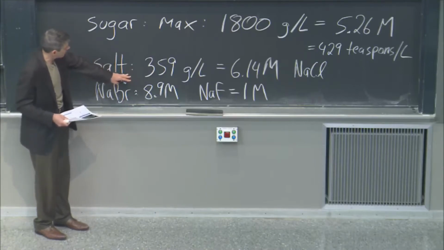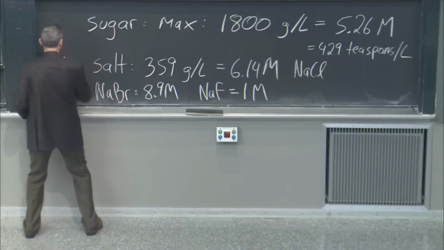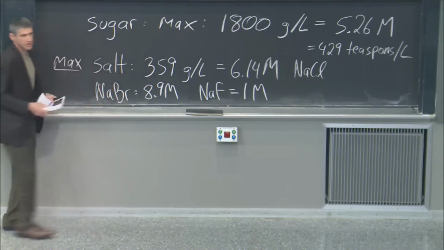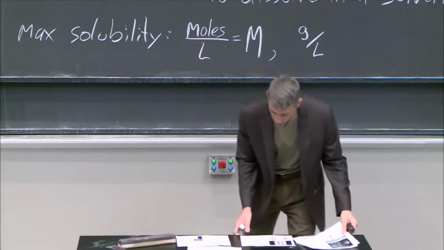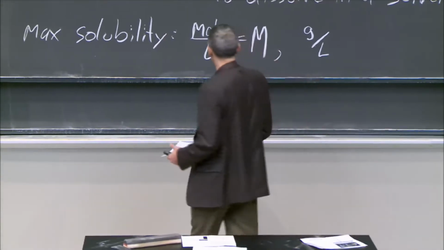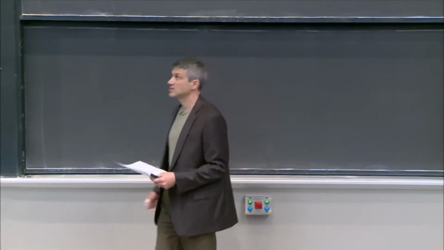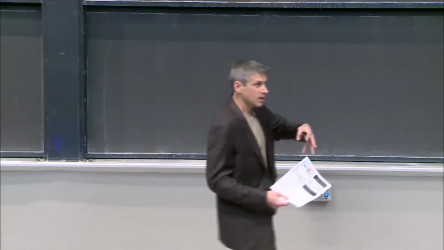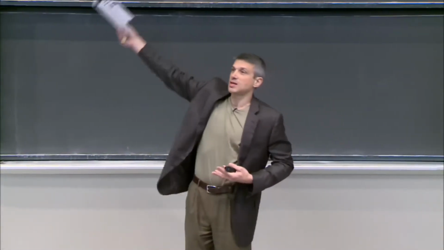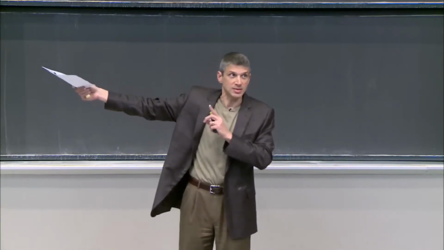This is salt, that's the limit, the max. What does it mean to be below it? What does it mean to have reached the maximum itself? What it means is not that things aren't dissolving. It means that things are reforming, recrystallizing, at the same rate that they're dissolving. That's what the maximum means.